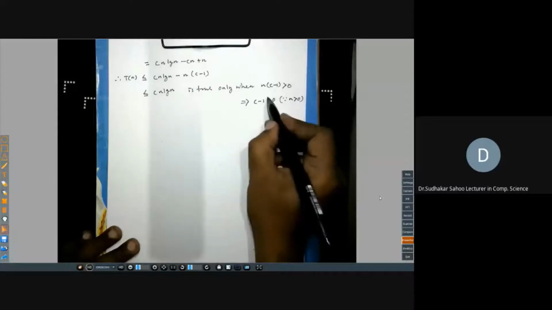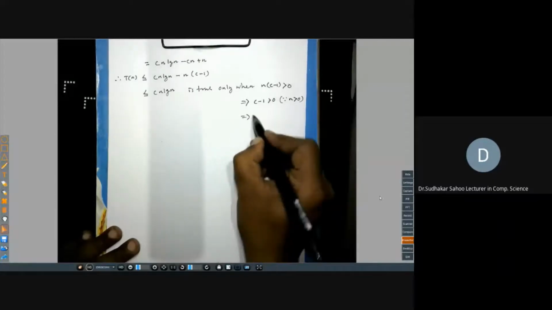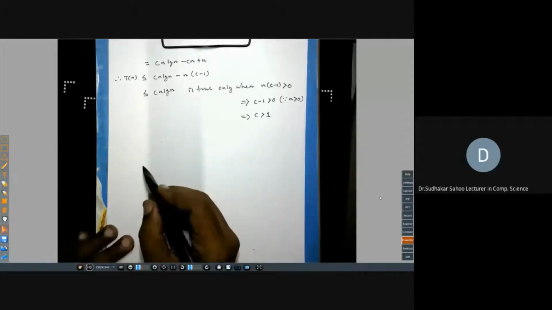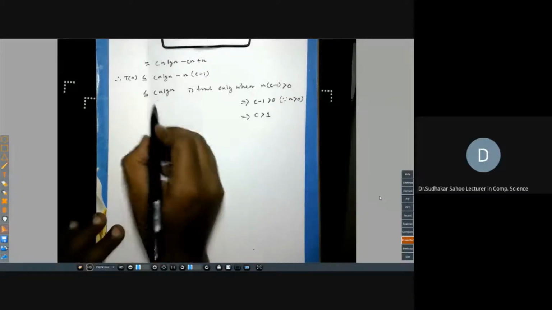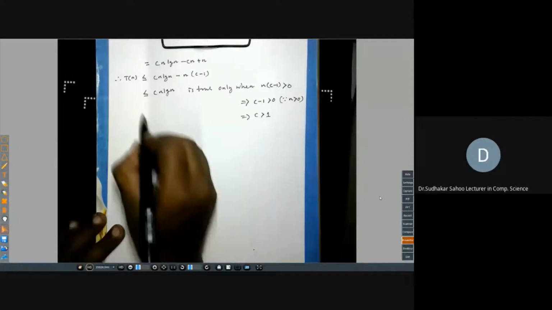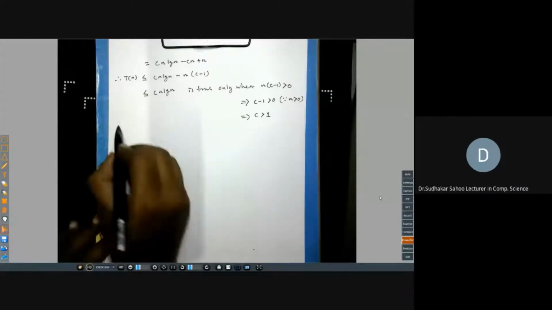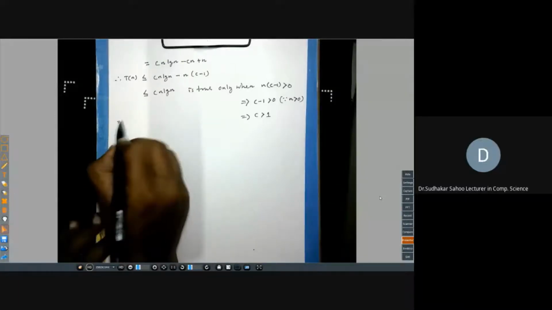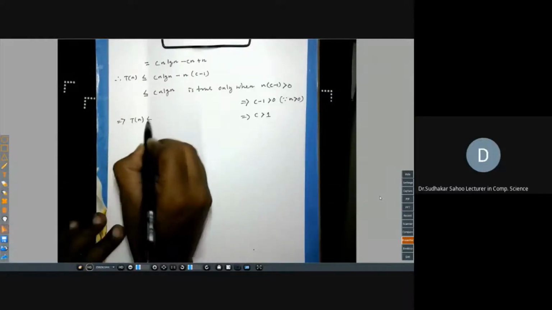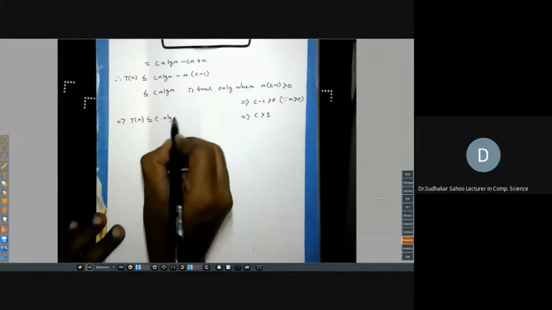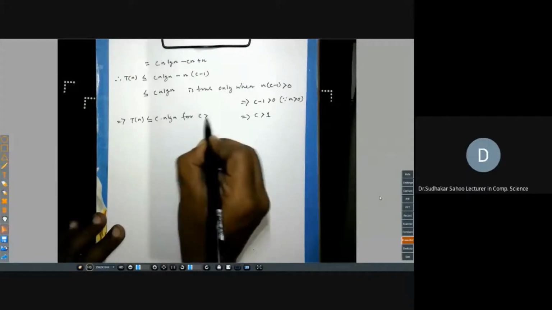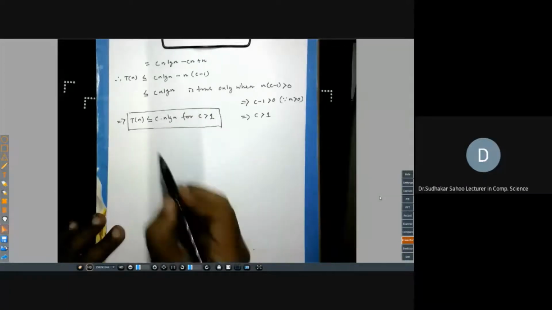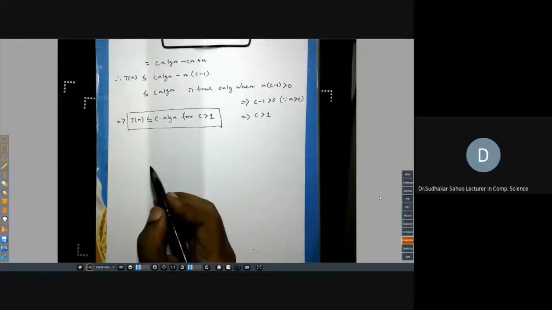So what we got is that C minus 1 is positive, implies C greater than 1. Right? So we got what is the C value. So therefore, this implies T(n) less than or equal to C into n log n for C greater than 1. Okay, we got the solution.